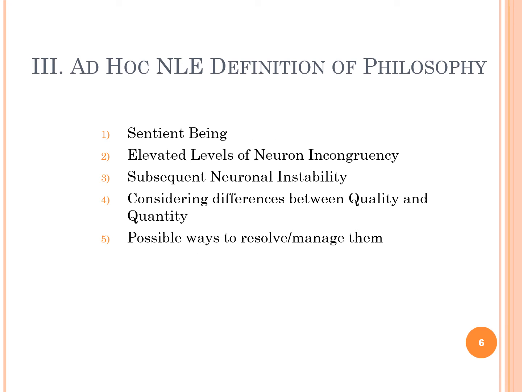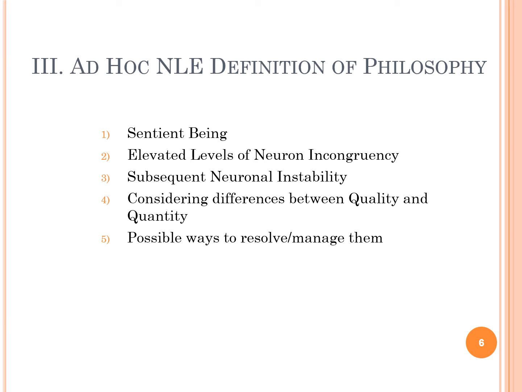So the five key aspects to this ad hoc definition: first, sentient being. Sentient being, within the realm of nonlinear existentialism, is that which is separated from the environment, and the separation occurs because of the amount of incongruency through nonlinear input internal to the individual.